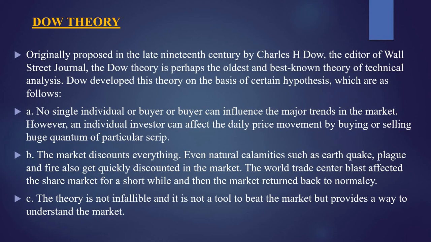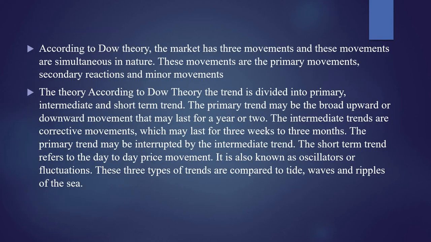Next, according to Dow theory, the market has three movements, and these movements are simultaneous in nature. These movements are the primary movements, secondary movements, and minor or tertiary movements.